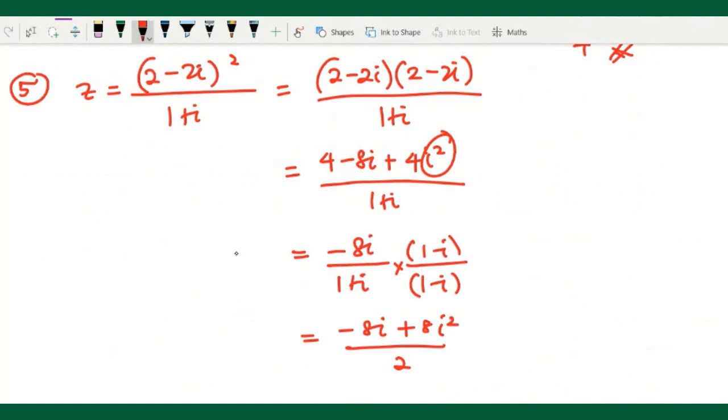Then yang ini pun dah i square ni ganti dengan negative 1. So kita akan dapat tolak 8 tambah 8i bahagi 2 as negative 4 minus 4i. Okay, so ini adalah complex number kita in the form of a plus bi, negative 4 plus 4i. This is for question A.